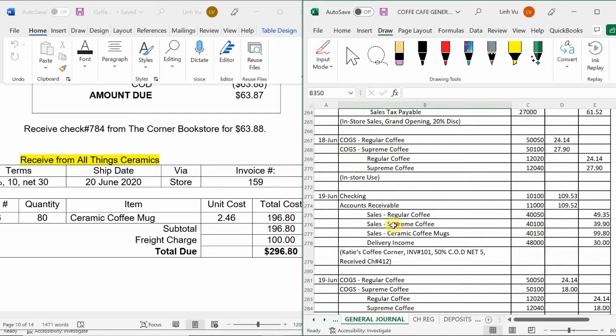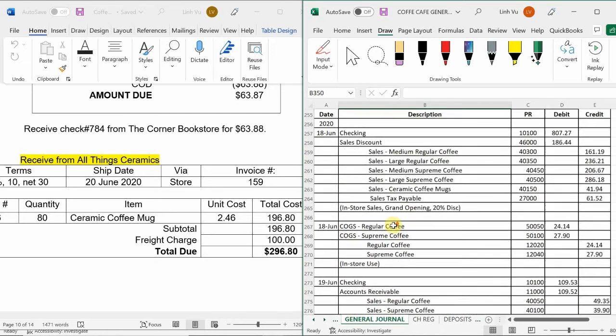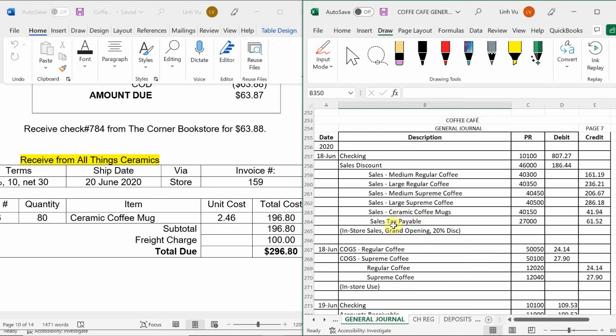And how do I record? It'll be a freight expense. And what else? Accounts payable. Yes, we're going to choose to pay later because we are definitely low on money. And what else?